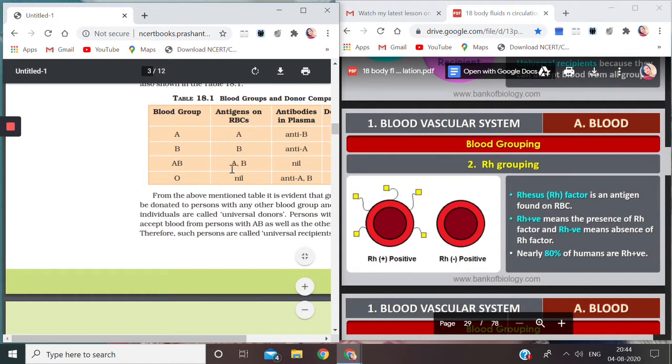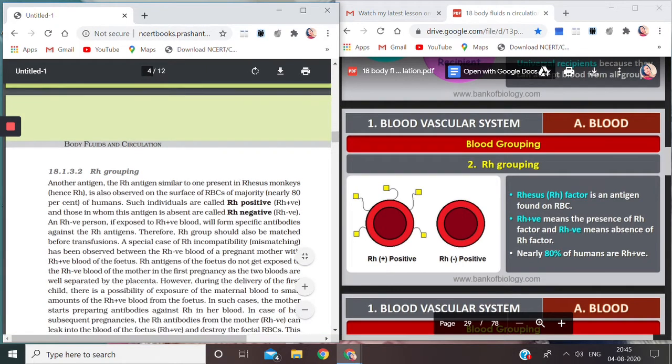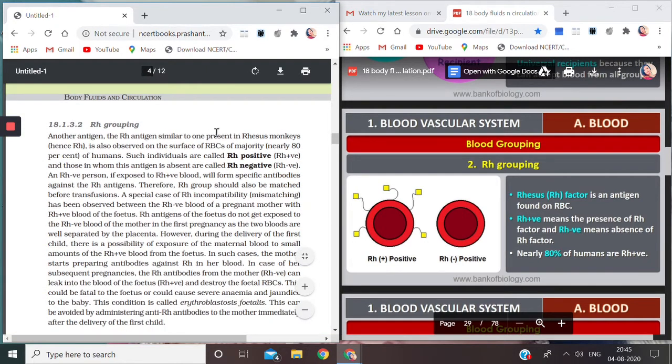Now, beyond these antigens A and B, there is another antigen, similar to one present in the rhesus monkey. This is a breed of monkey, and this antigen was first found in this monkey.